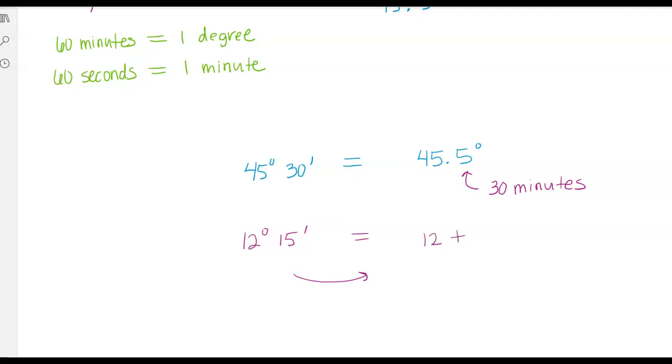And then I'm going to take 15 divided by 60 because there's 15 out of 60 minutes total. So plugging this into the calculator, we get 12.25.